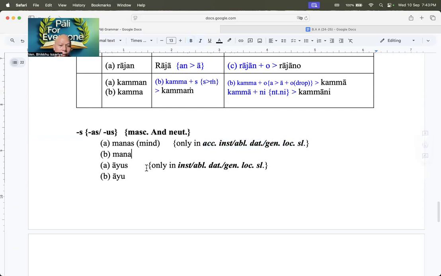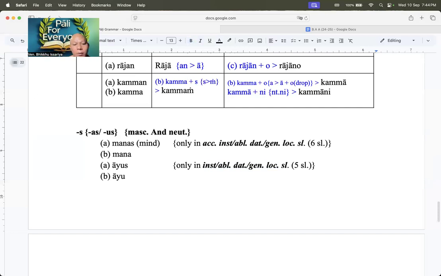But for the other, instrumental, ablative, dative, genitive, locative, only 5 singular, you see. Okay, that is the difference between them.